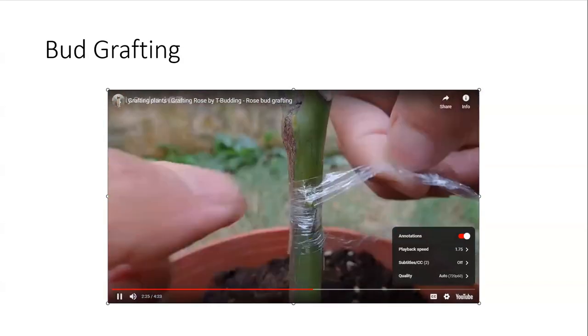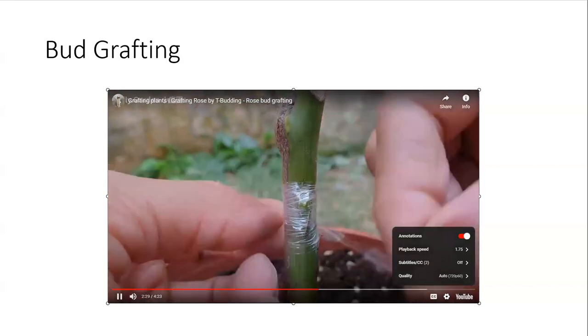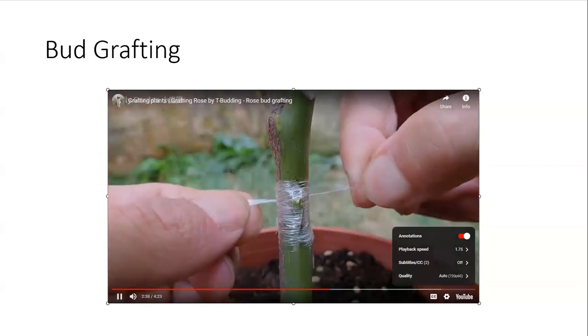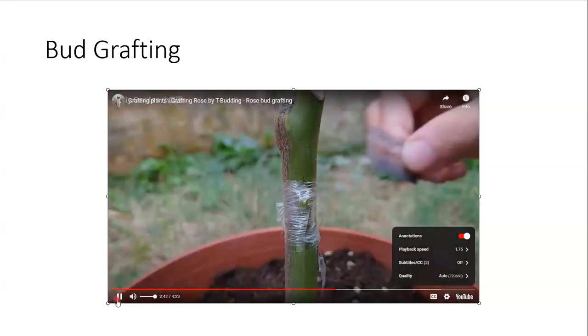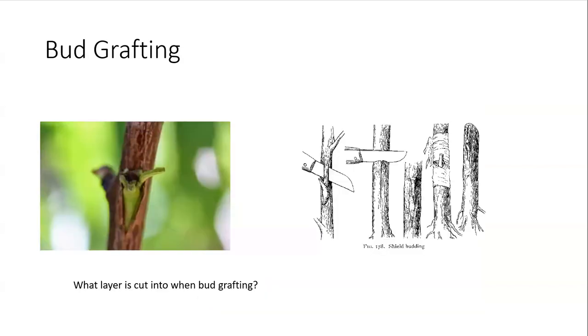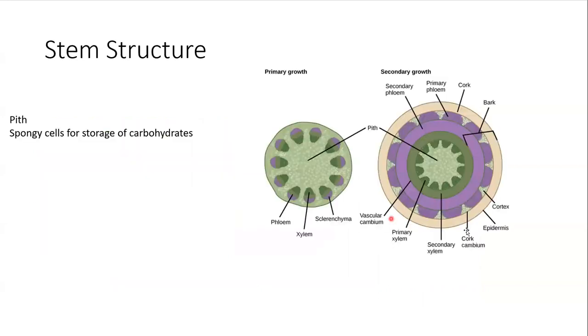It's a really basic bud. Okay, so the bud grafting, that's what they just did. So essentially, they are separating that epidermal layer at the cambium, and they're sliding a different bud within that.